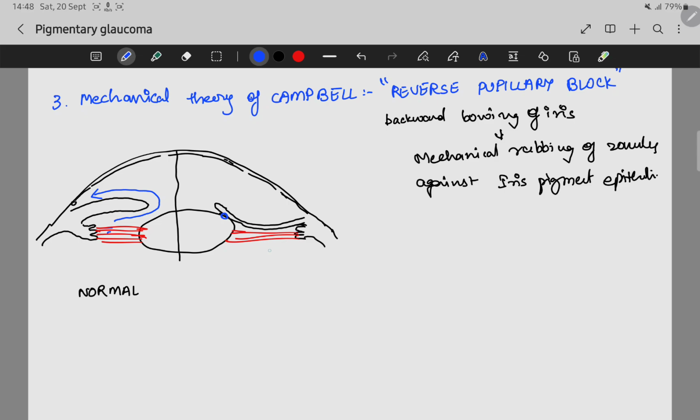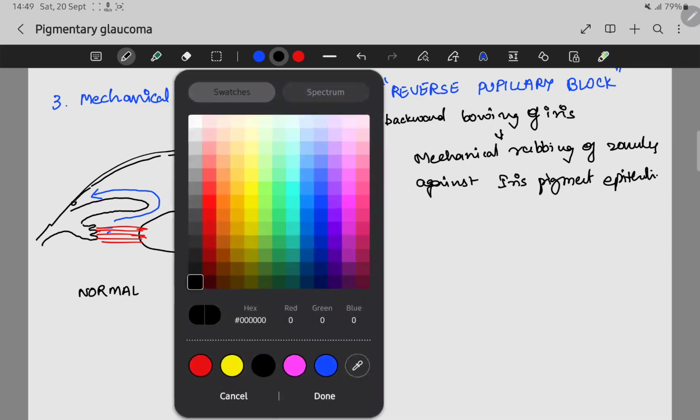So the aqueous which is being produced, it will slowly go into the anterior chamber, but it cannot exit over here. Right? So this is the mechanism.